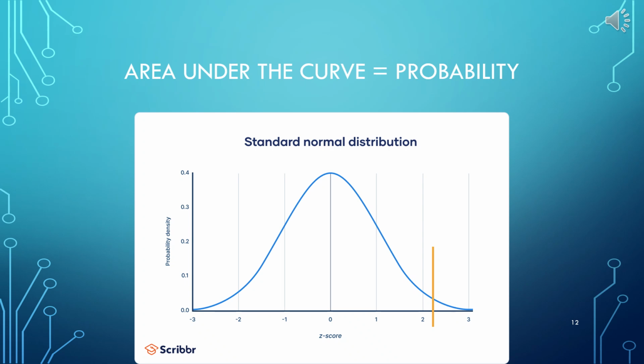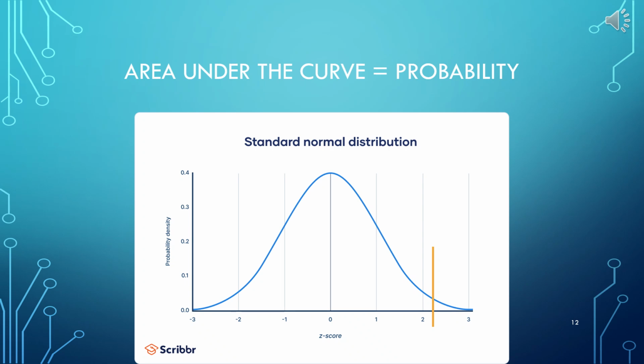Well, there's a problem with that, because you can't find the area under the curve for one single value. This is a little theoretical. If you have a line, like I've drawn here, that represents a single value, a single standard deviation away from the mean, a line has length but no width.